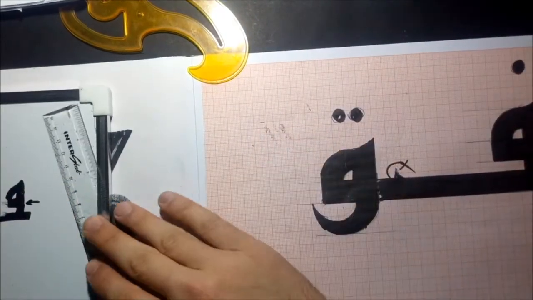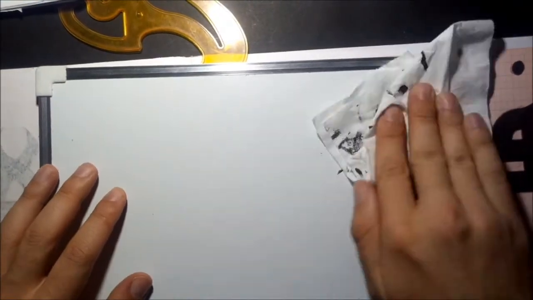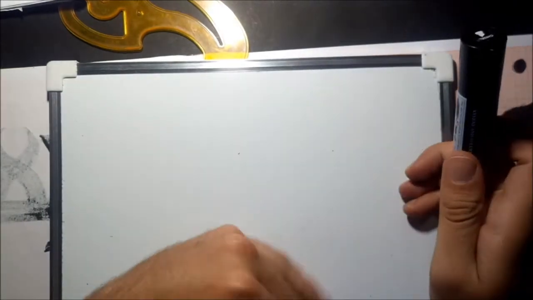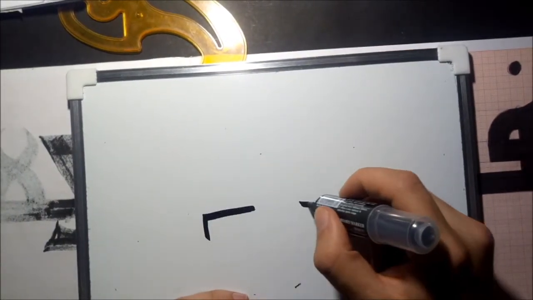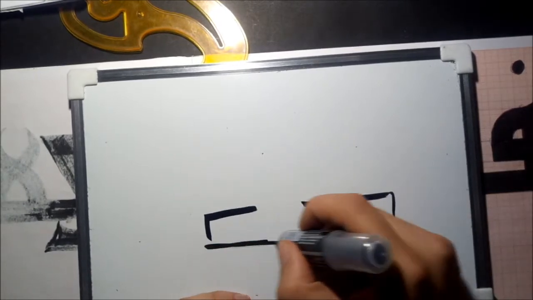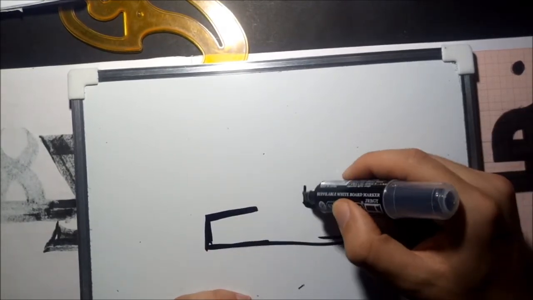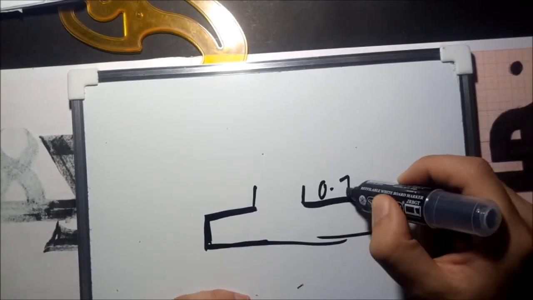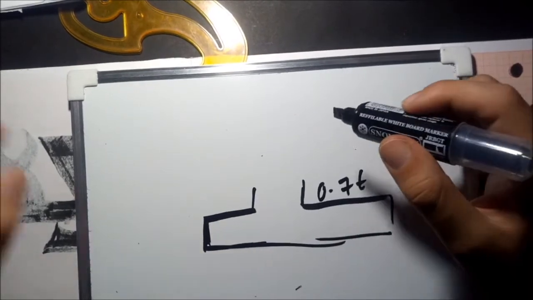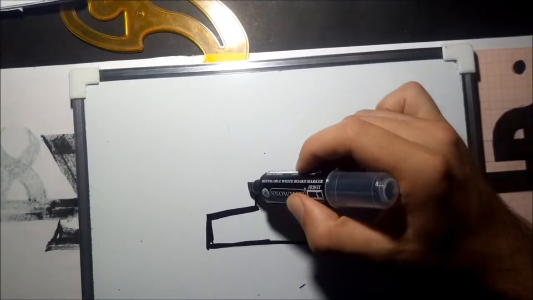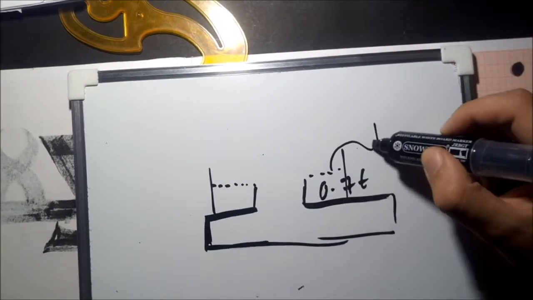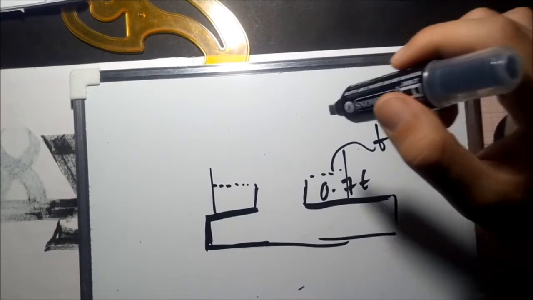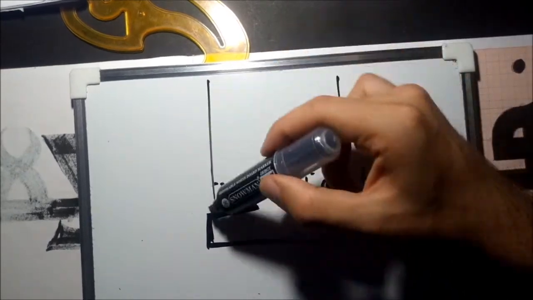Now there's another shape that comes in the middle. Basically, we are going to take this as our baseline and go upwards 0.7 T, and after that we are going to locate the points here and here that measure the full thickness, right over here and here.